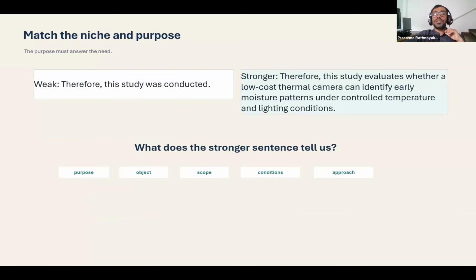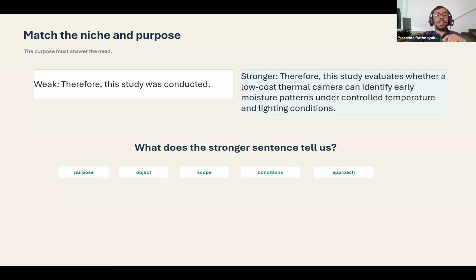Now we are going to look at two purpose statements. There is a weaker one on the left and a stronger one on the right. Look at the weaker version. It says, therefore, this study was conducted. Does it tell anything? It tells almost nothing, right?